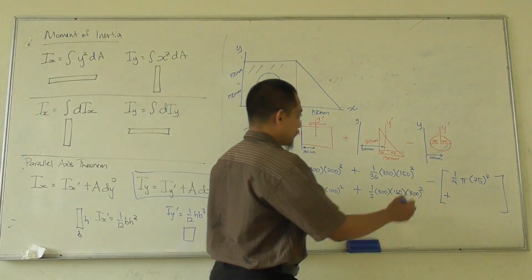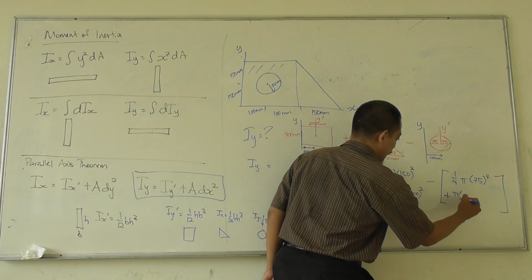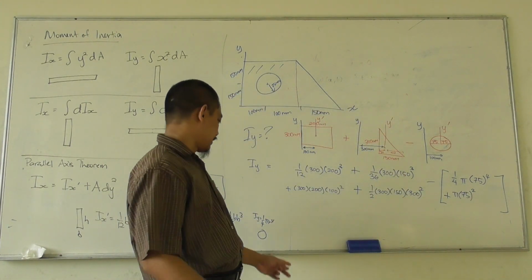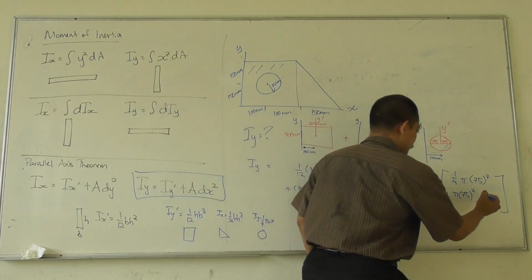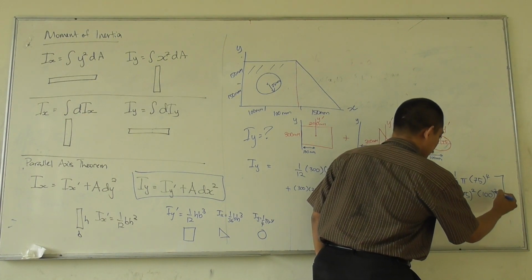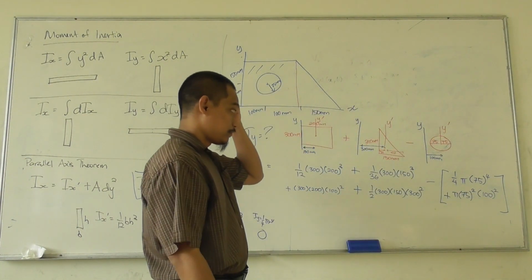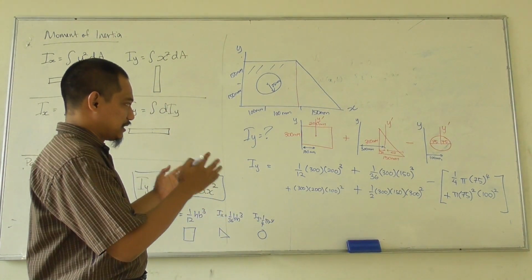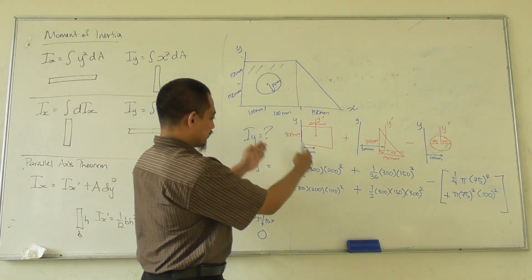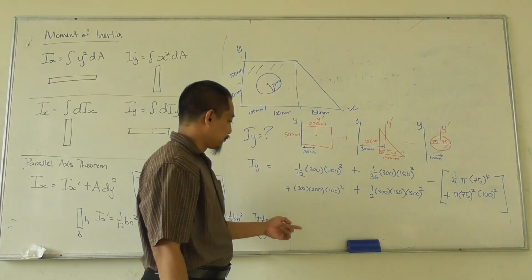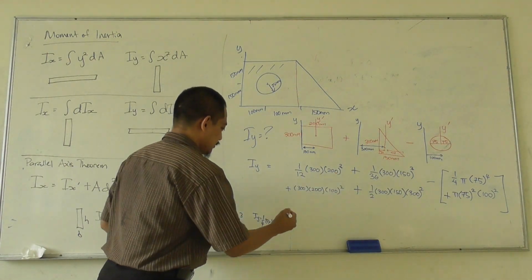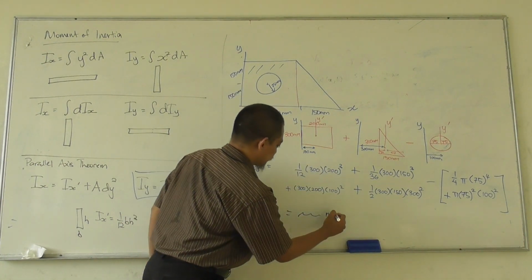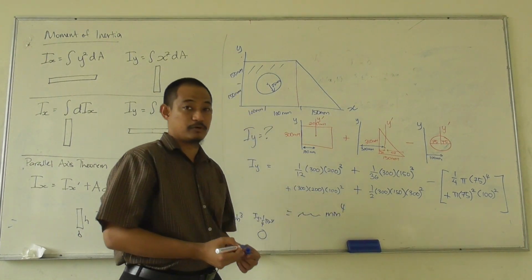Area is pi r squared, so pi times 75 squared, times dx squared, which means 100 squared. Right? So that's how you do it. Make sure it is very structured and you can follow, and then just add them up together so you get whatever value there. In this case, millimeter to the power of 4.